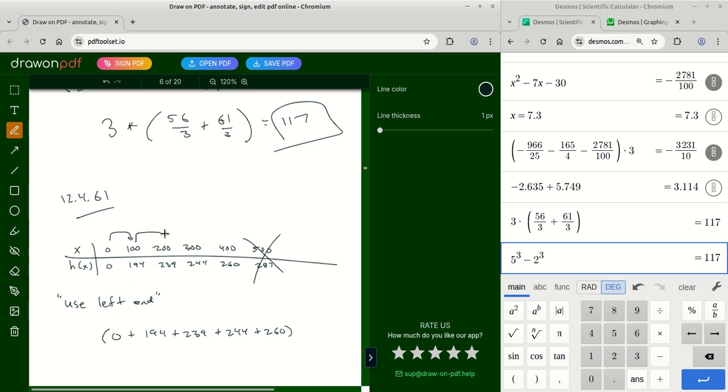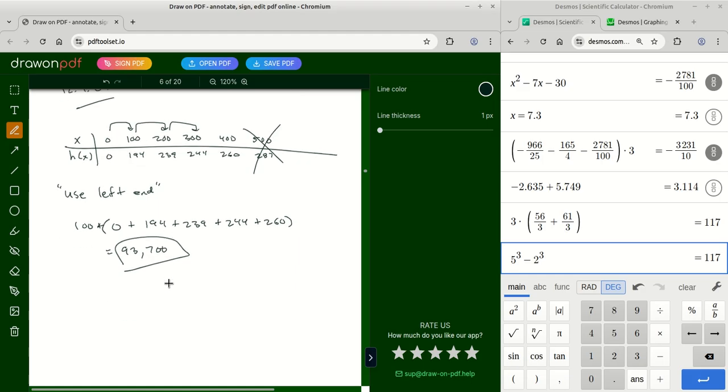So how much is my width for each one of these rectangles? Is it 100? Calculator. I'm not going to waste your time. This is the answer. I just got it in Desmos, essentially. All right, cool.